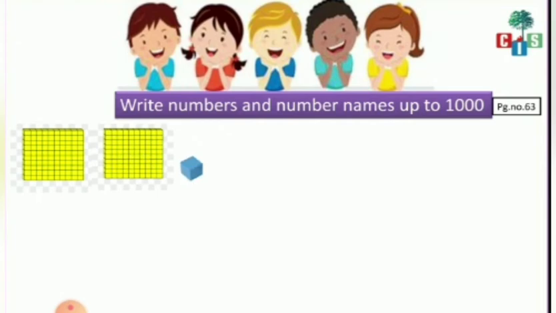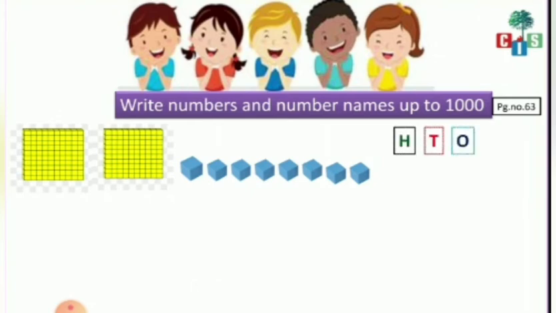Right? Now let's see this. Now this H stands for hundreds, T stands for tens, and this O stands for ones.